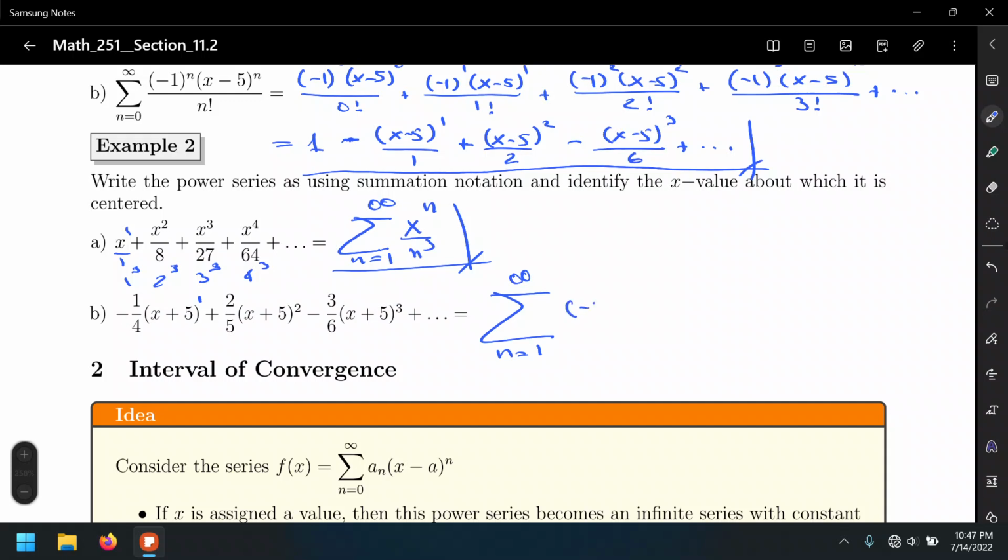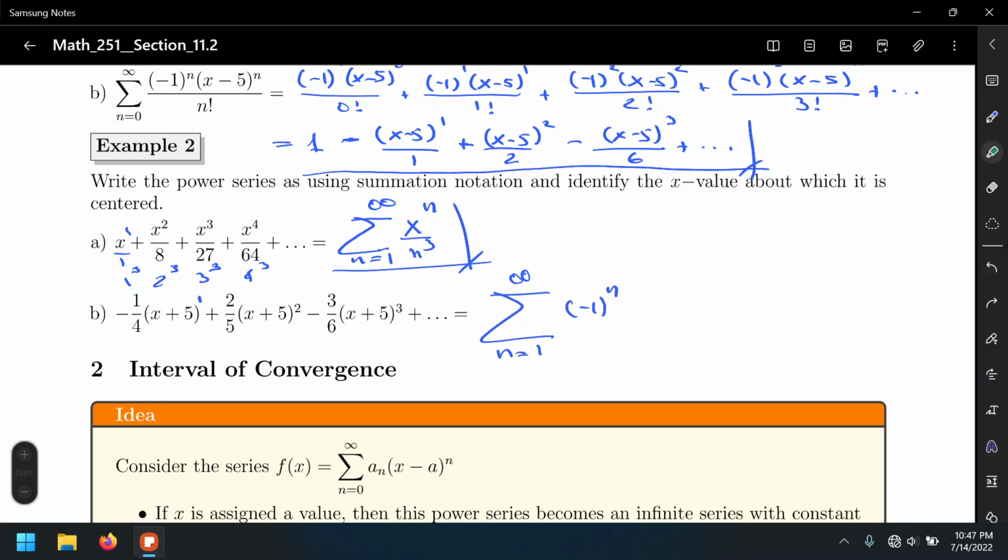So we need a negative 1 to the n. And of course, for n equals 1, the first term, negative 1 to the first power, that's going to work. It's going to give us the negative number here. Looks great. Now, what else do you observe here? A very interesting pattern. Do you see this 1 here? It's also there. Do you see this 2 here? It's also here. Do you see this 3? It's also there.